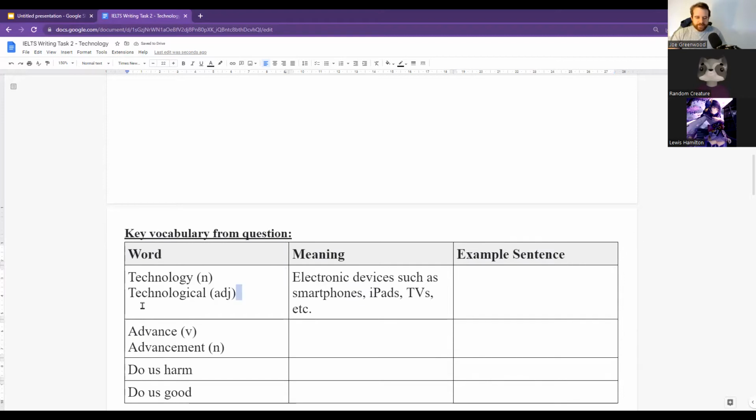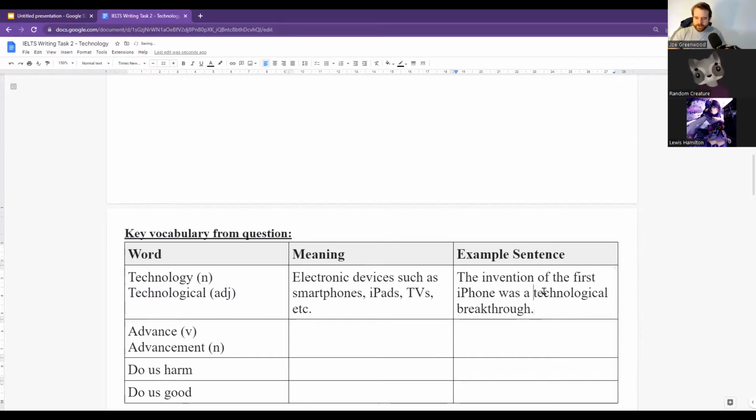So I'm going to write a sentence using the word technological. The invention of the first iPhone was a technological breakthrough. It was the first time that a touchscreen phone had been created.